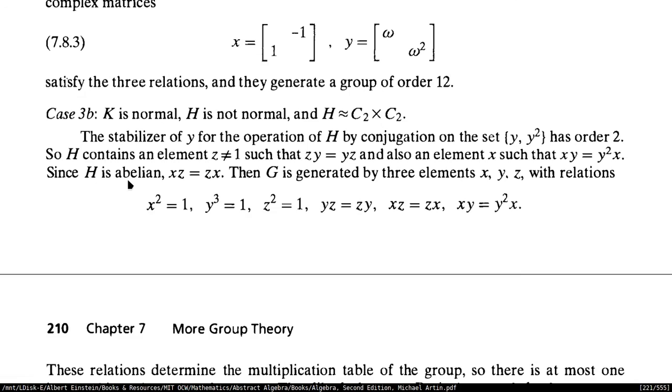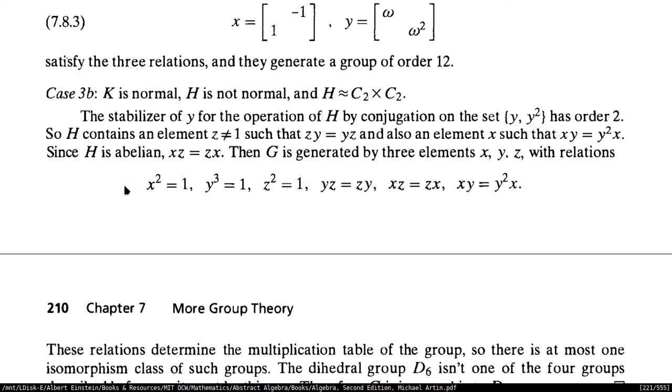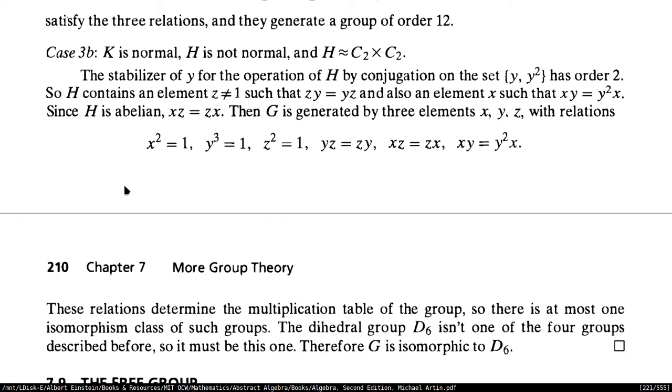Okay, 3B. Let's look at 3B. 3B is when K is normal in G, H is not, and H is isomorphic to Z2 cross Z2. So now H has got two generators.